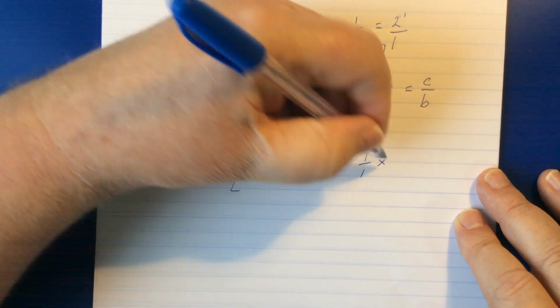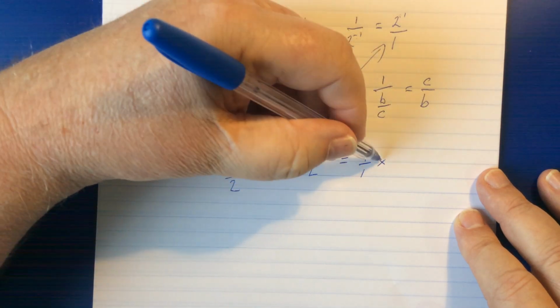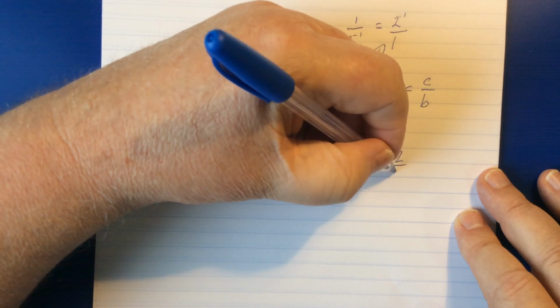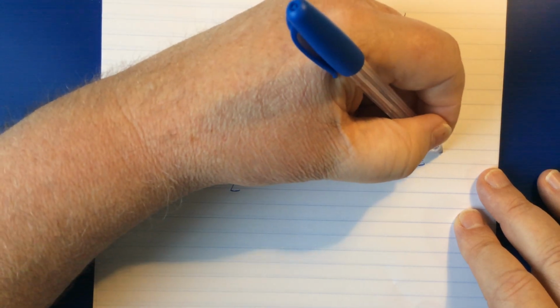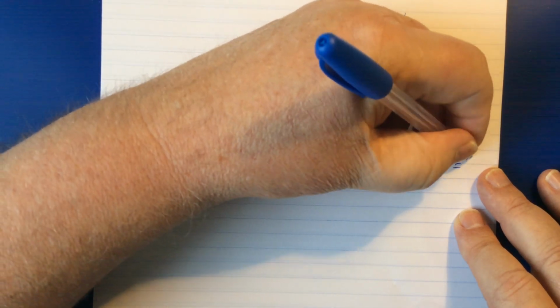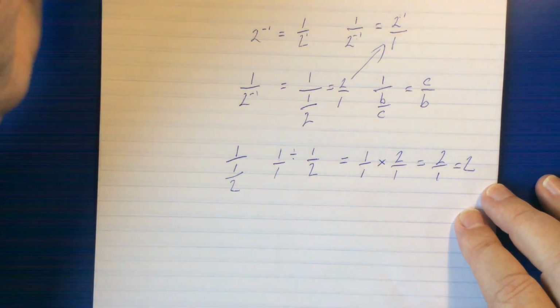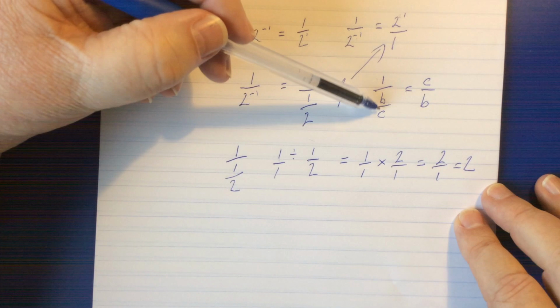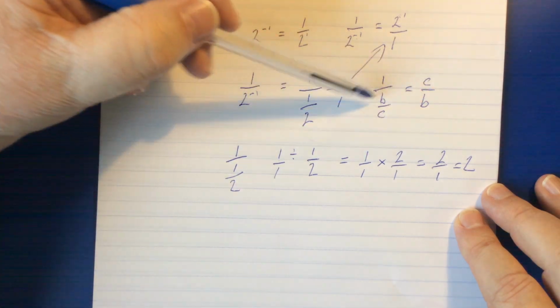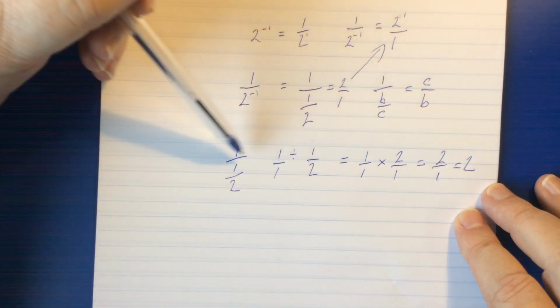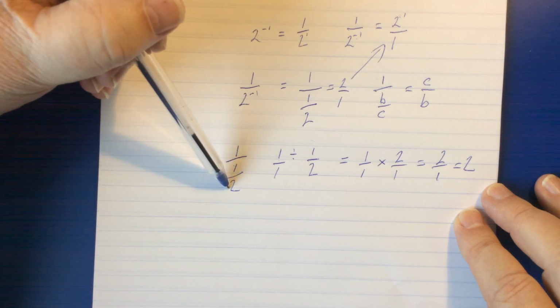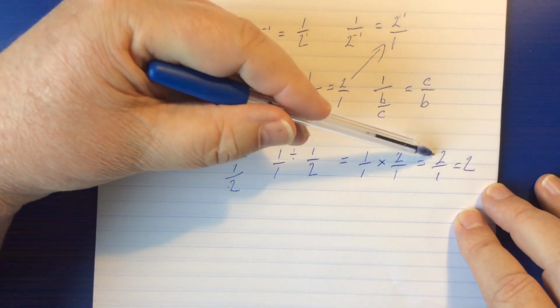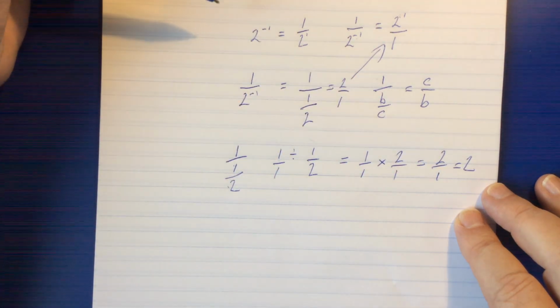We save this, we change the sign, and we flip the fraction. And what we get is 2 over 1, which equals 2. Now, as you can see, this little formula here holds true. 1 over 1 over 2 becomes 2 over 1, which equals 2.